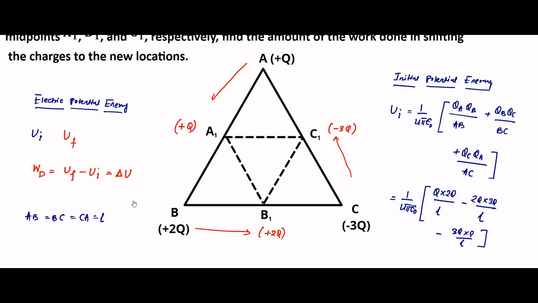So A1C1 is l by 2, A1B1 is again l by 2, and B1C1 is also l by 2, because A1B1C1 also forms an equilateral triangle.